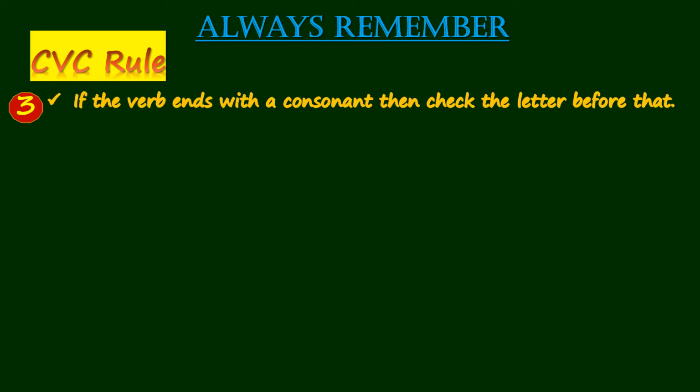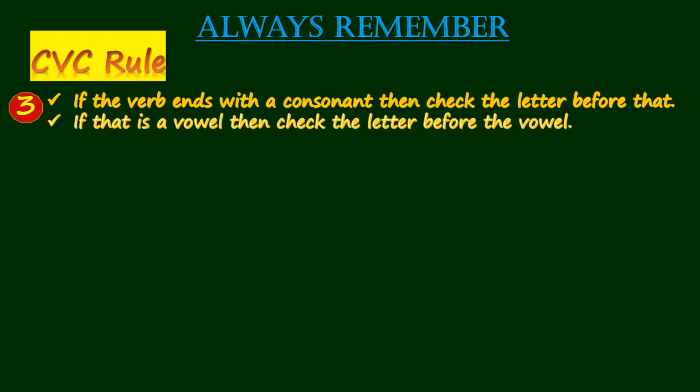Now, whenever you get a verb and you need to change it to verbing, have a careful look at that verb. See if the last letter of that verb is a consonant. Mind it, if the last letter is a consonant, in that case, you need to check one letter before that. Now, if that letter which is before the consonant is a vowel, that means you need to check one more letter before it.